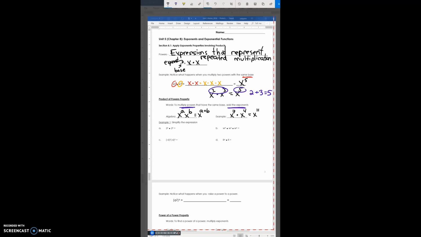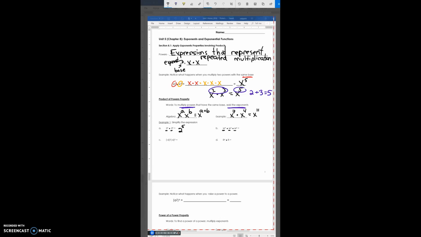So 2 squared times 2 cubed: I've got the same base and I'm multiplying, so I do 2 plus 3, which gives me 2 to the 5th. For b, now I've got 3 things, but same idea. We're just going to add all our exponents since all of these are being multiplied and they all have the same base.